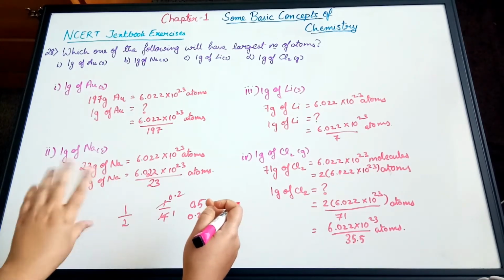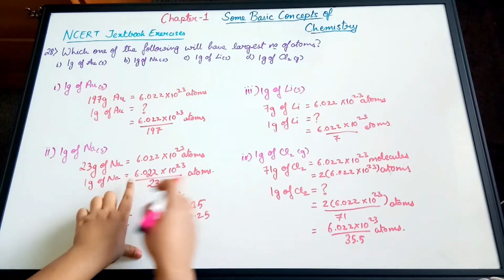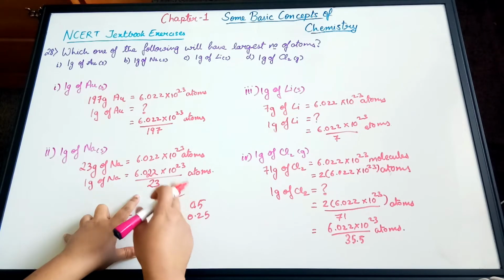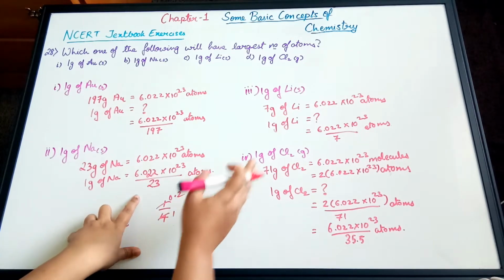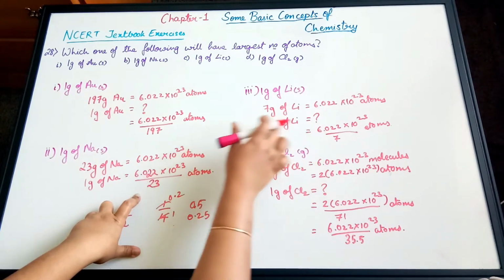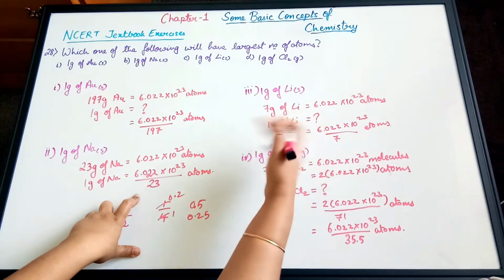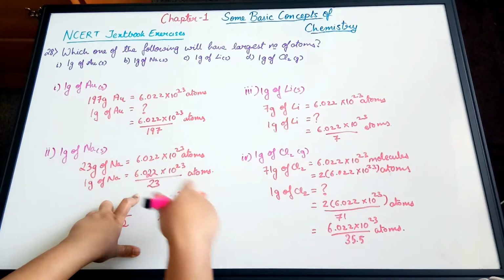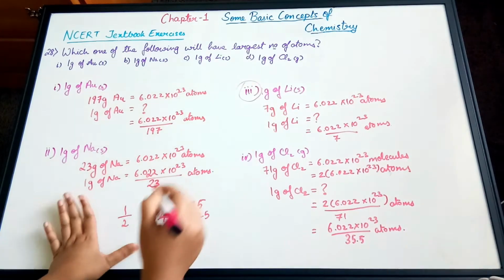This is what we've learned in math. So here you have the same numerator for all the 4 cases, and we only consider the denominator. The one with the least denominator will have the highest value. So 7, that is lithium, has the highest value when simplified compared to all the other 3. That's why 1 gram of lithium has the highest number of atoms.